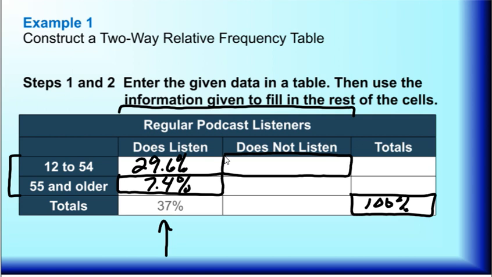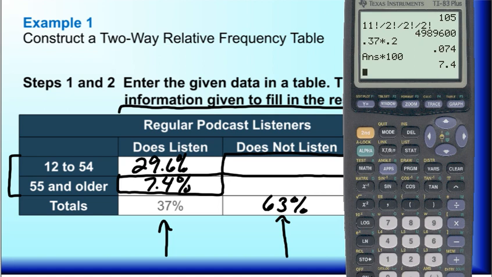Now, if I look at the very bottom, this box right here, 37 plus what gives us 100? We take 100 minus 37. This is 63% of the people who do not listen. So now if we define this upper box, the 12 to 54-year-olds that do not listen, if we take 53.5%, or 0.535, and we multiply that by our 63%, which is 0.63, and then multiply that by 100, that gives us 33.705.